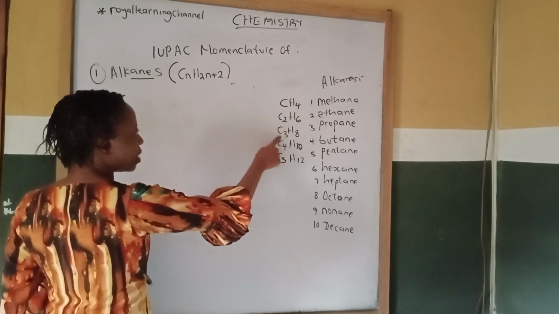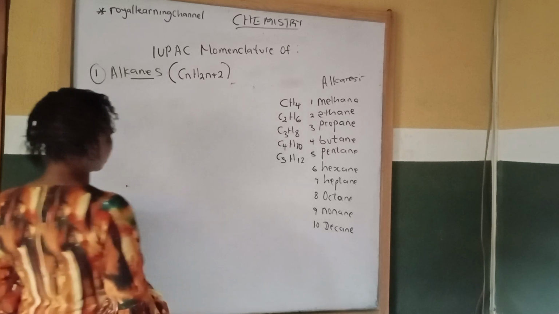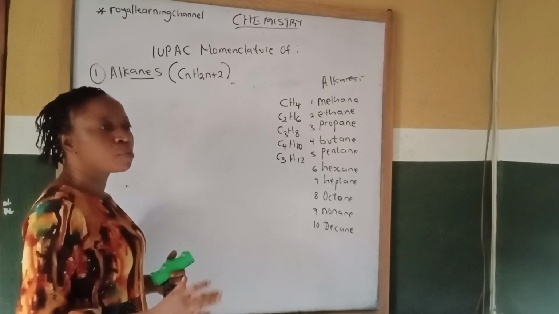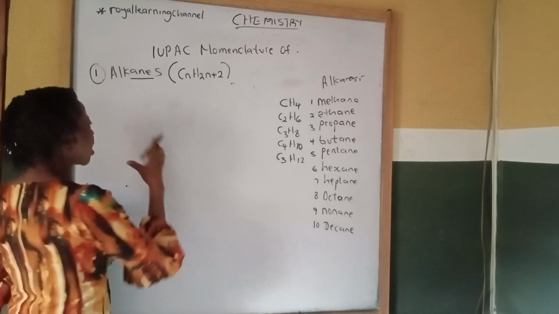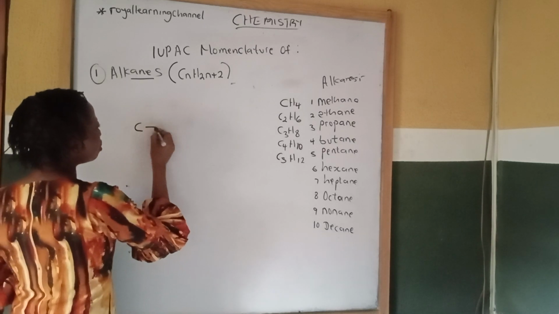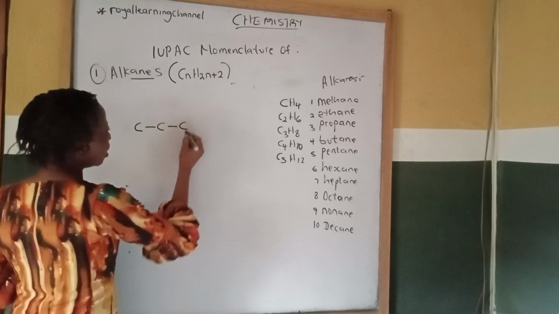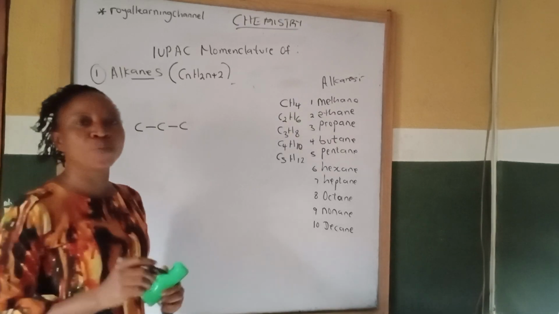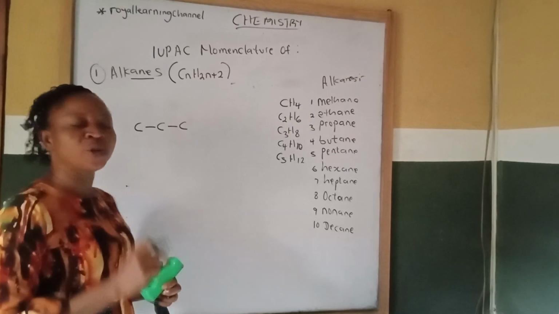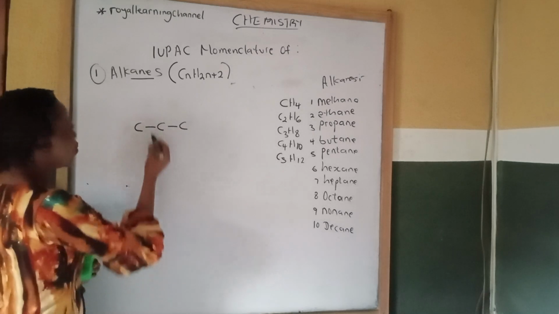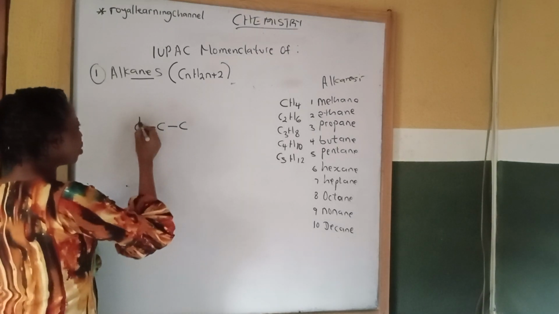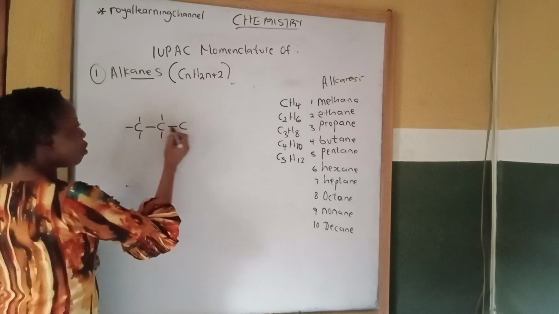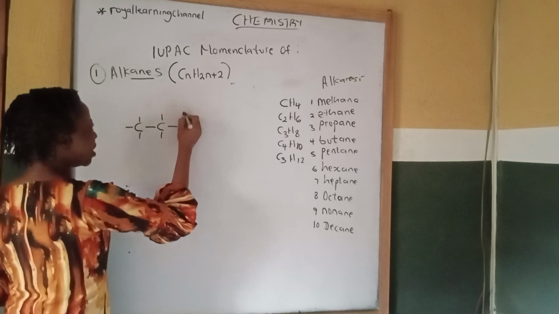Then with how many carbon atoms? 3 carbon atoms. And those carbon atoms will be joined together by chemical bonds. 1, 2, 3. Then each carbon atom must be surrounded with 4 chemical bonds. 1, 2, 3, 4. 1, 2, 3, 4. 1, 2, 3, 4.